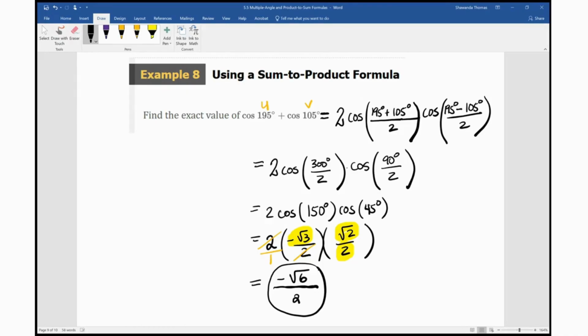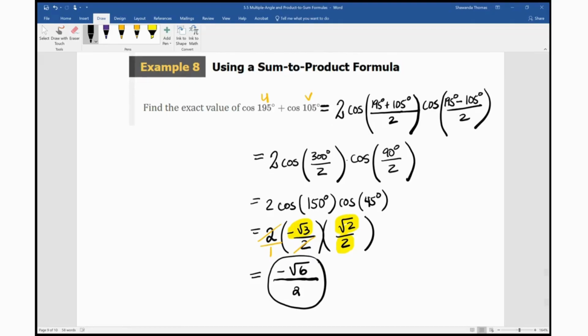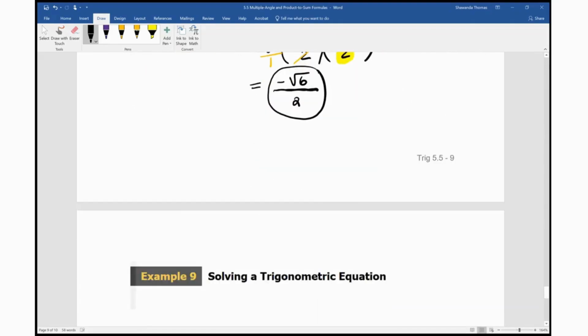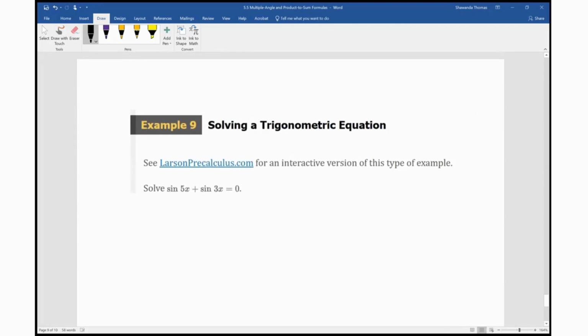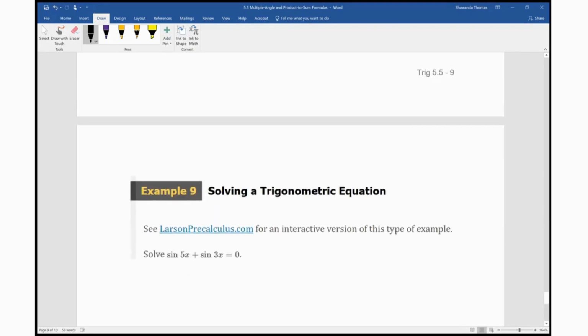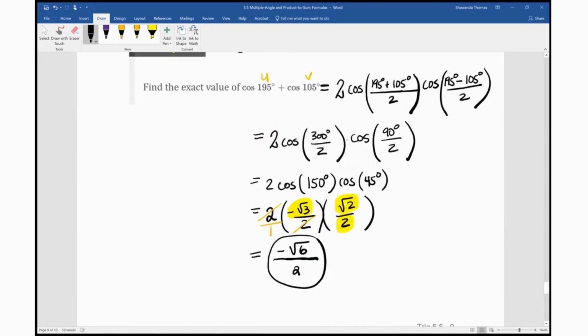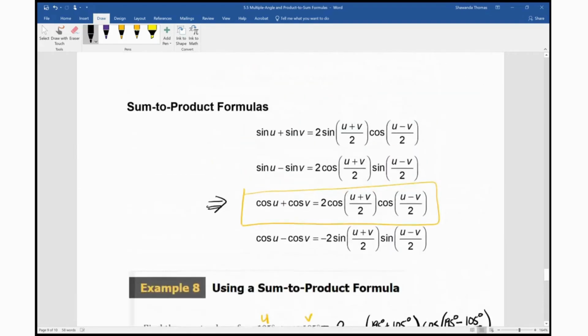All right. We have made it to the last one. Sine of 5x plus sine of 3x. We have to figure out which one of these sum to product formulas.